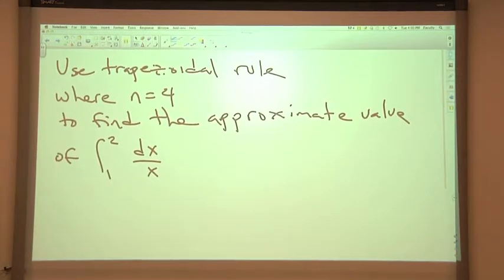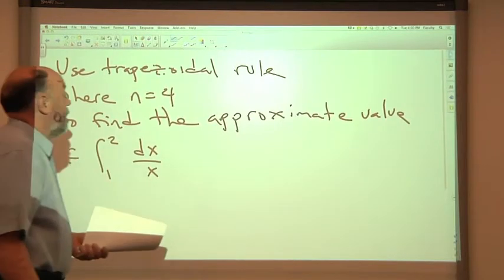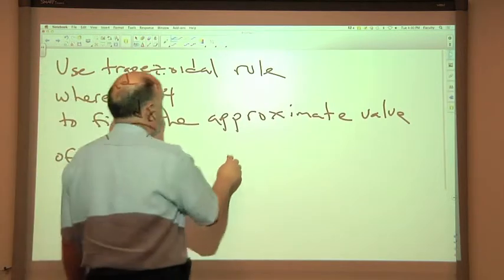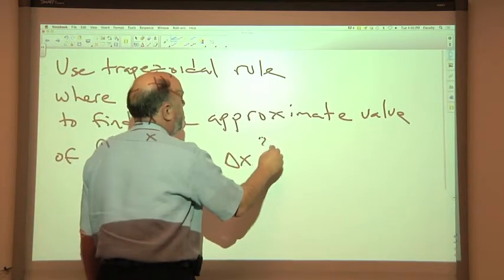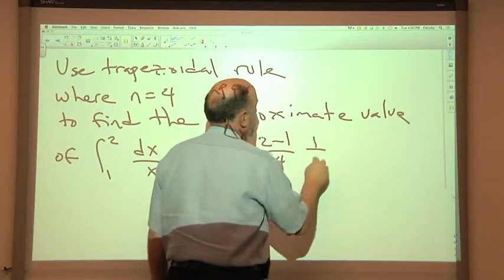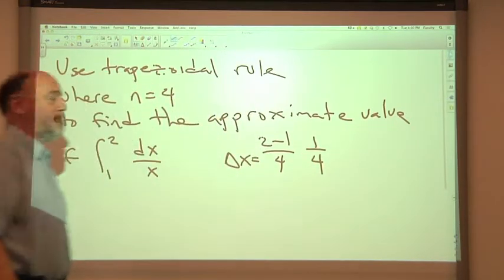So dx over x is the same thing as 1 over x. And so we want to evaluate this. First off, we need to know what delta x is. So delta x is going to be 2 minus 1 over 4, which will be 1/4.